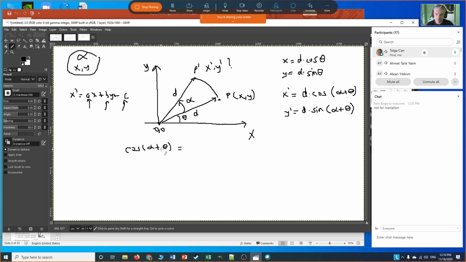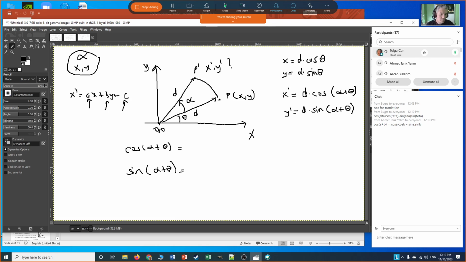So cosine alpha plus theta, what was it? Is it sin alpha plus cos theta minus cos alpha? I mean, there should be four sine cos terms in both of them. Especially, we are also going to write the other thing as well. Sine alpha plus theta is also equal to something. Perfect.